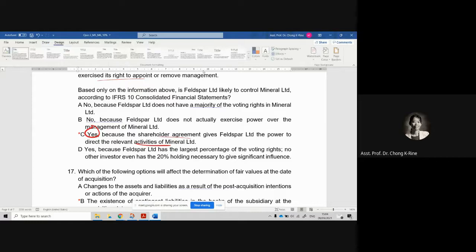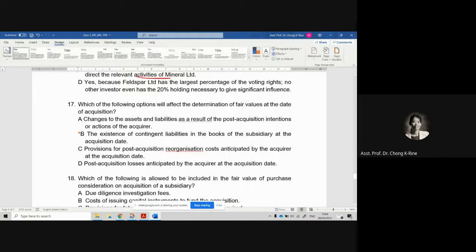Okay, how about question number 17? Determination of fair value on the date of acquisition. So we are actually looking at the fair value of identifiable net asset, right? There are two things that are quite special. Number one is we want to identify if there's any intangible asset not being identified.